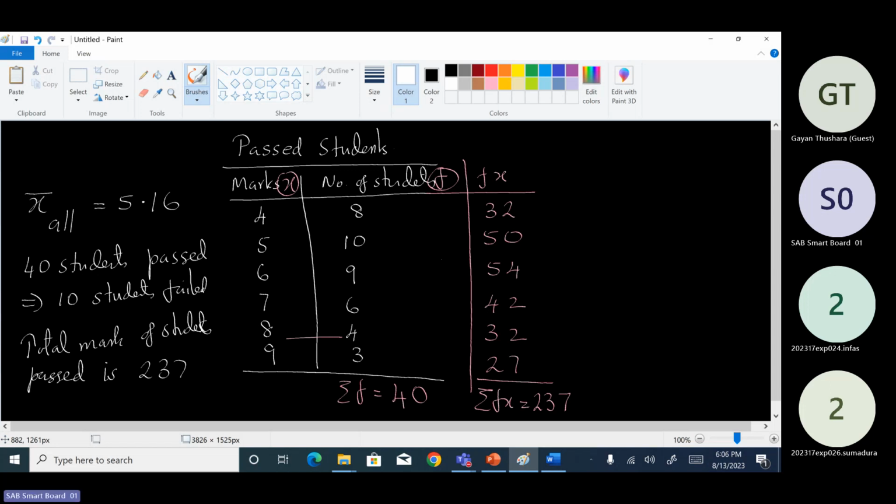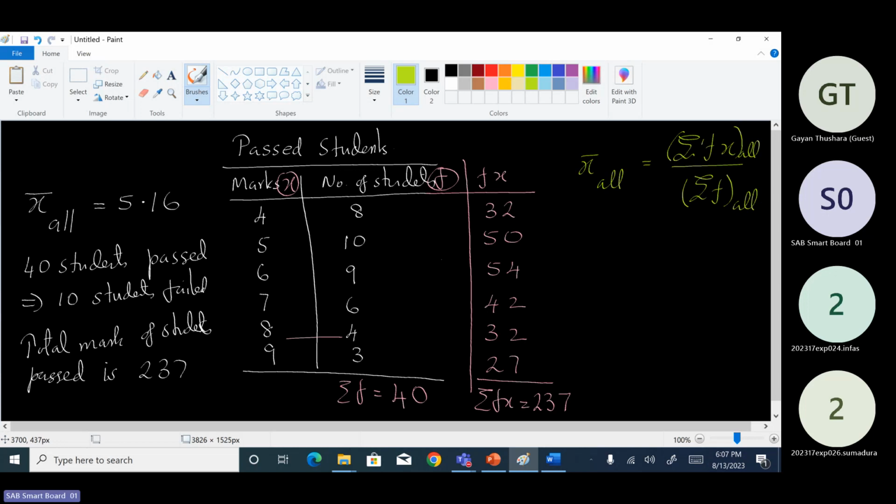So now this X bar all. How would they have calculated this X bar all? Sigma fx over sigma f: sigma fx all over sigma f all the students.